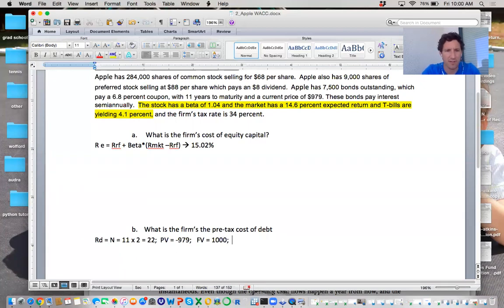And coupon, 6.8% times our future value is going to give us 68, but semi-annual, so divide by 2, 34. All right, so now we've got to solve for I/Y.